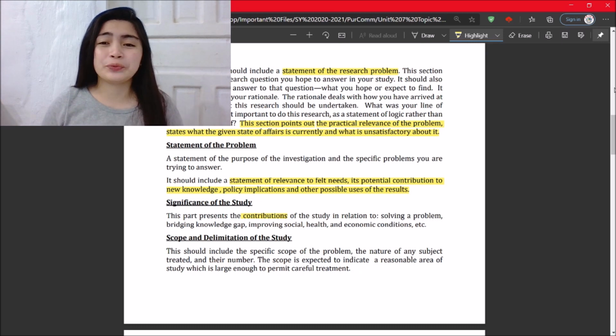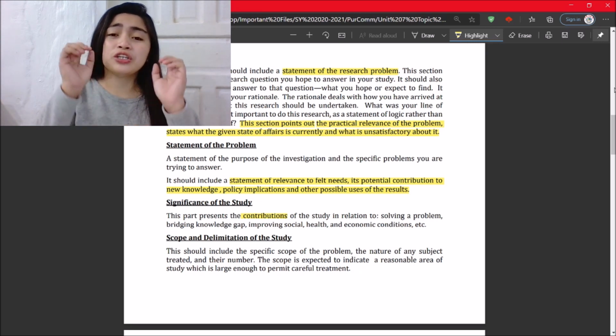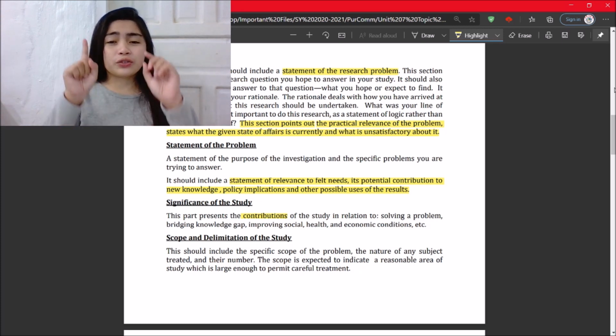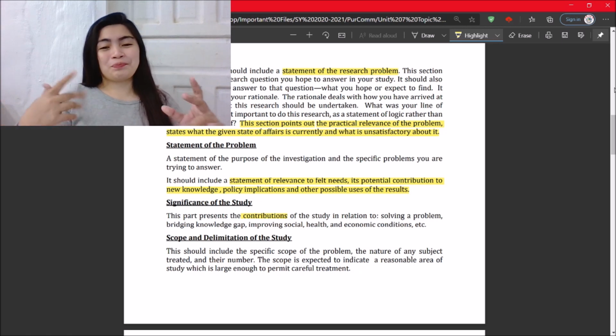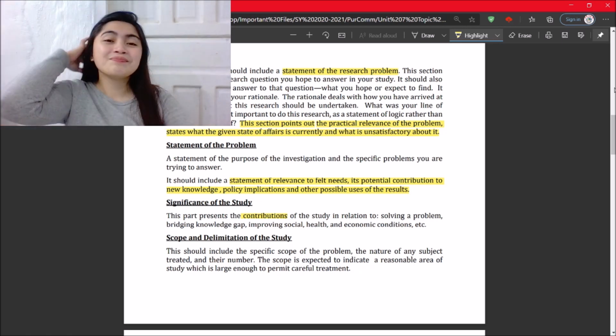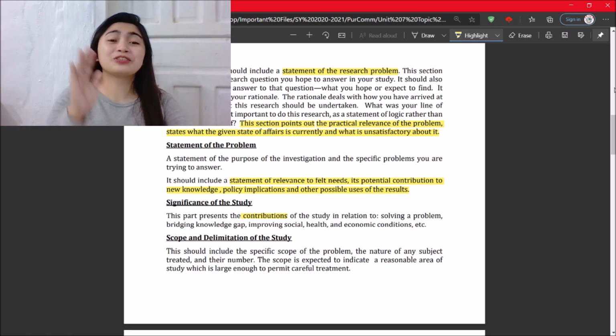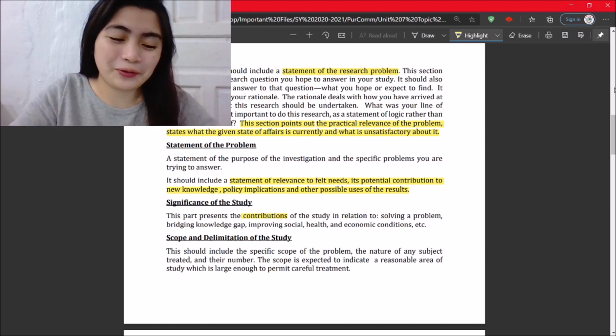So rationale deals with how you have arrived at your conclusion that this research should be undertaken. So tingnan natin kung may rationale ba ako and meron ba yung research problem, na present ko ba talaga yung aking research problem sa aking introduction. So, I hope na nagawa ko yun.